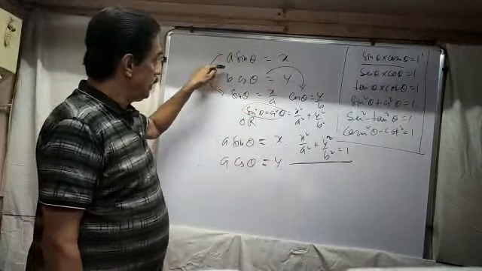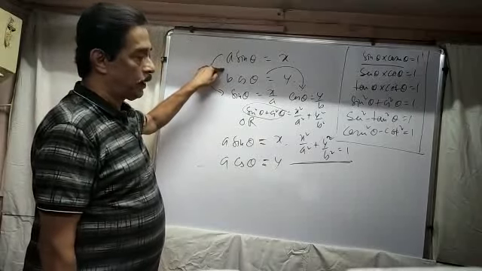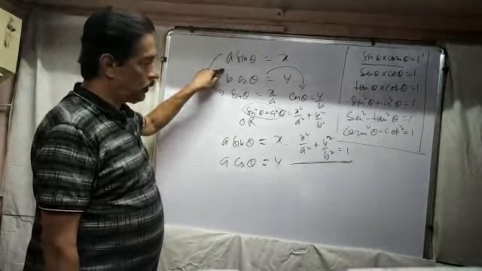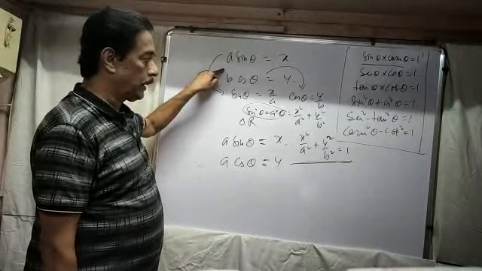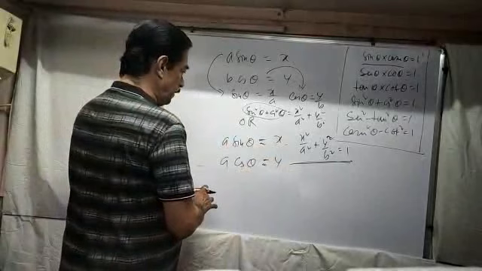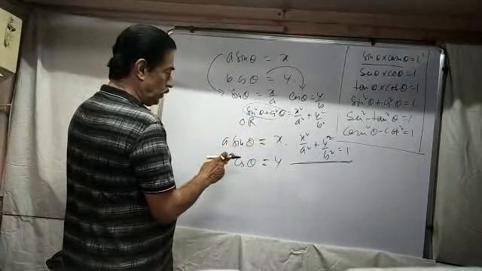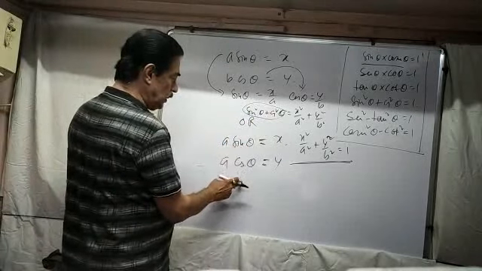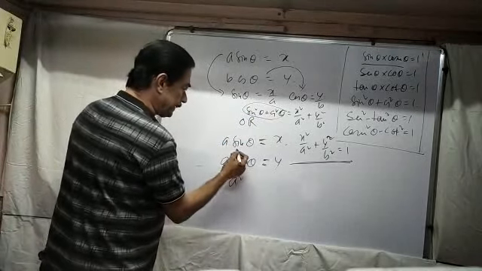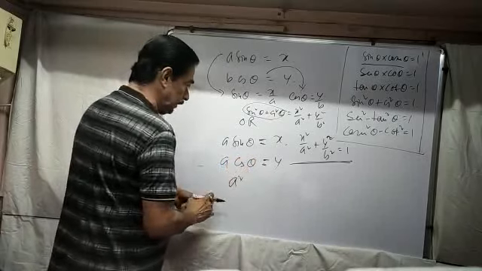Last year this question was given: this equation represents which type of curve? Number 1 parabola, number 2 hyperbola, number 3 ellipse, number 4 circle. Your answer will be ellipse. Now if the coefficients are the same, here a, here also a, so don't change this. If I square and add, we get a square times sin square theta plus cos square theta.